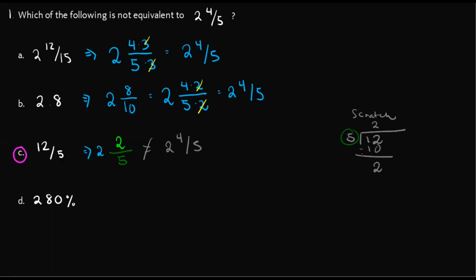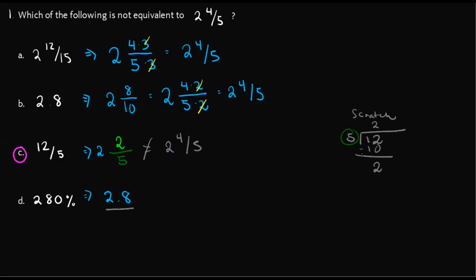But let's also check the last item. Note that we can write this one as 2.8 due to the conversion of percent to decimal. Again, we simply move 2 decimal places to the left to convert percent into decimal. And what can you observe here?